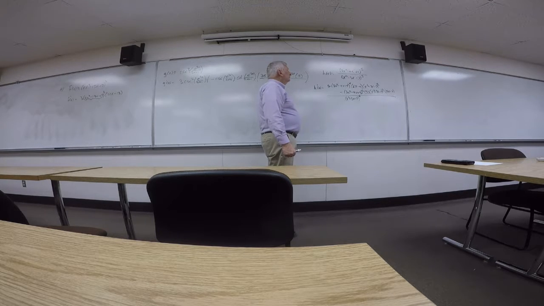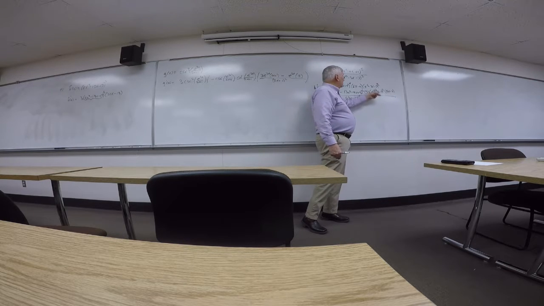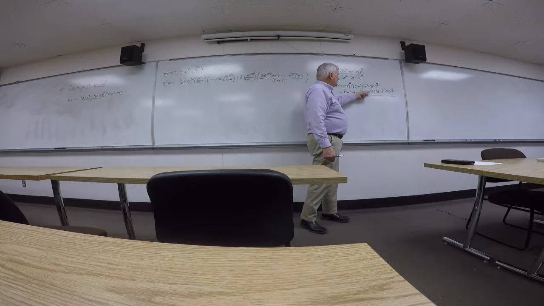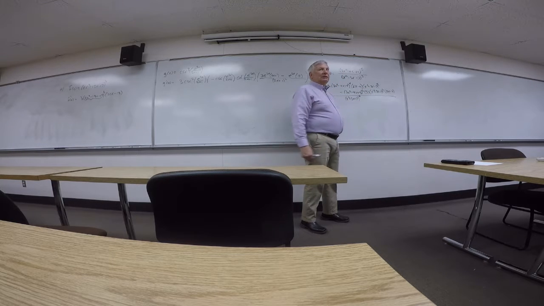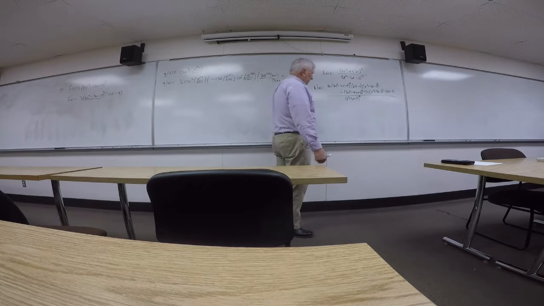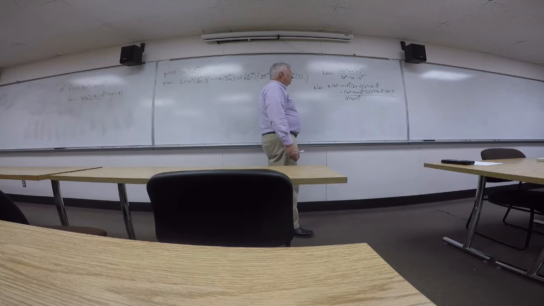If we expanded all this, about 2 powers of x squared minus 3x minus 7 could divide out, but we're not going to do that. Leave it like this. Okay.